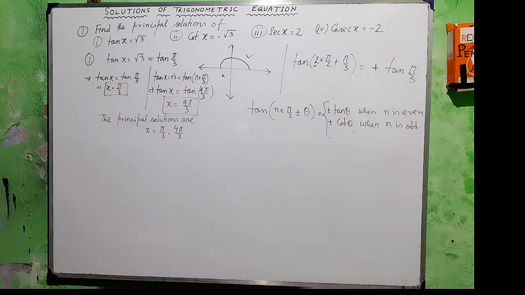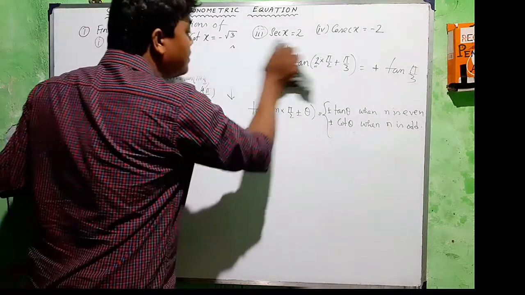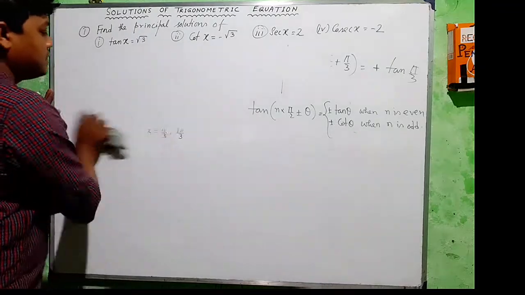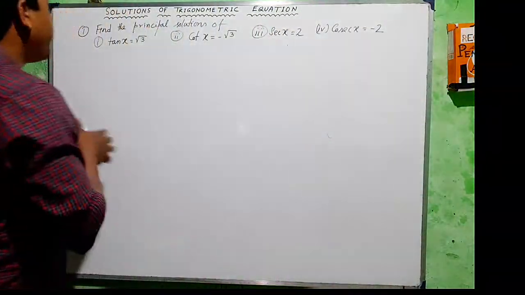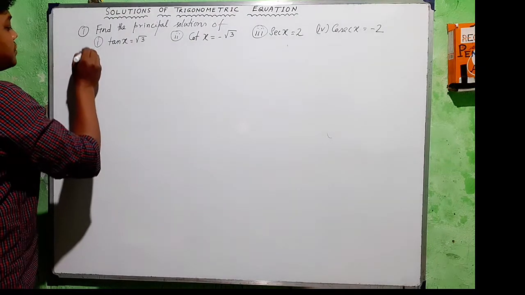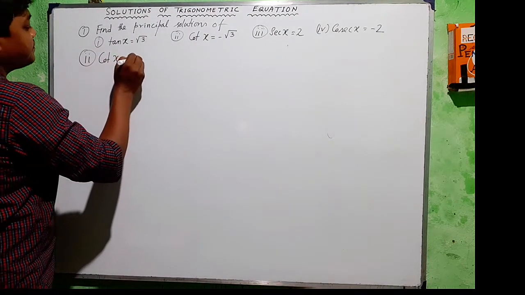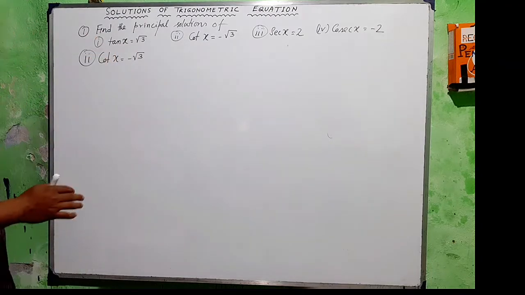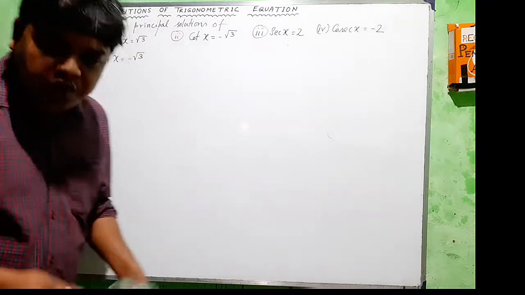Next part, cot x equals minus root 3. I erase this part. Okay. Cot x equals minus root 3. And we know that cot 30 degrees is root 3.